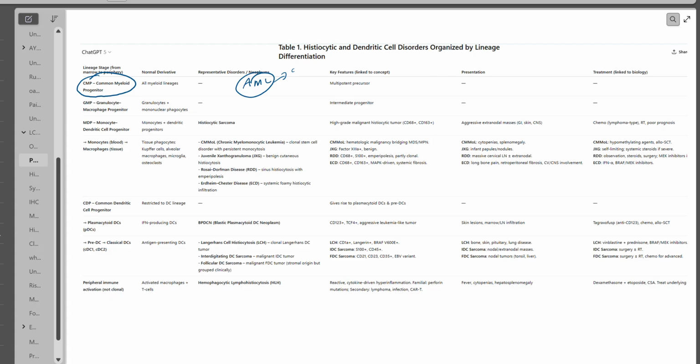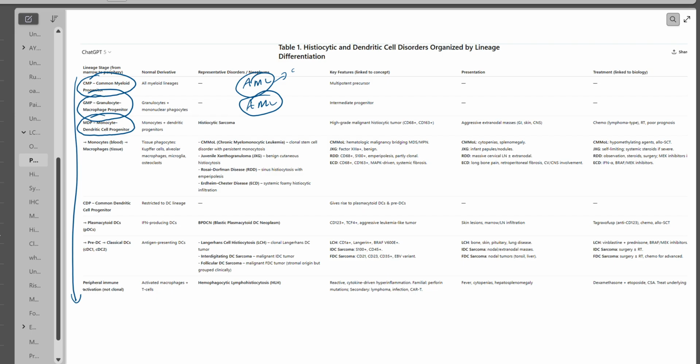For the AML induction protocol, for example. Now, if you have the granulocyte macrophage progenitor, there again it is AML.